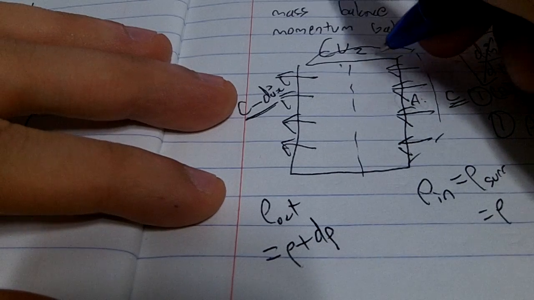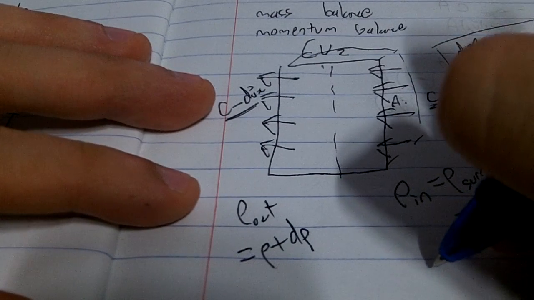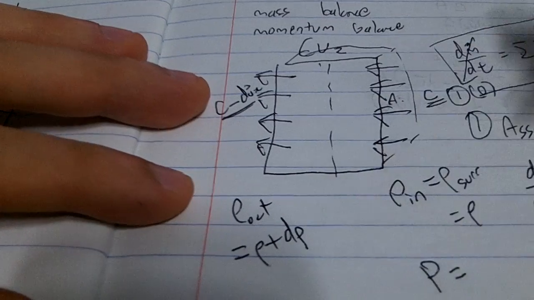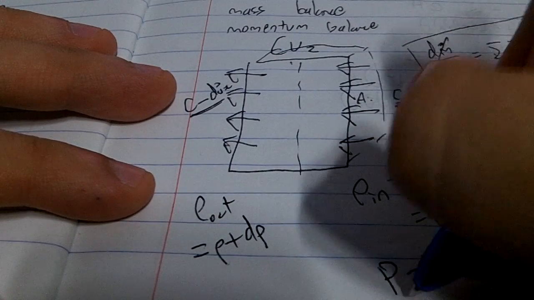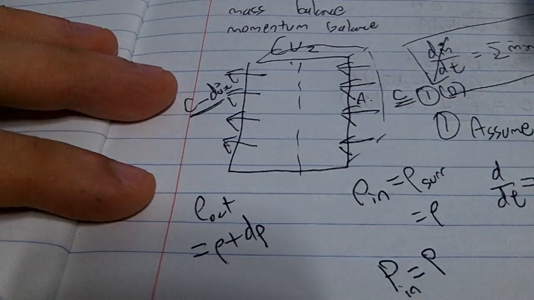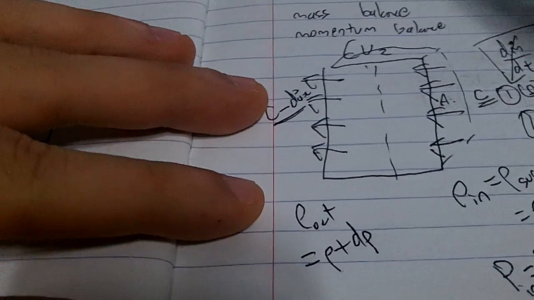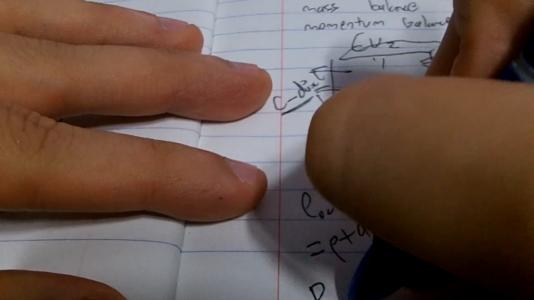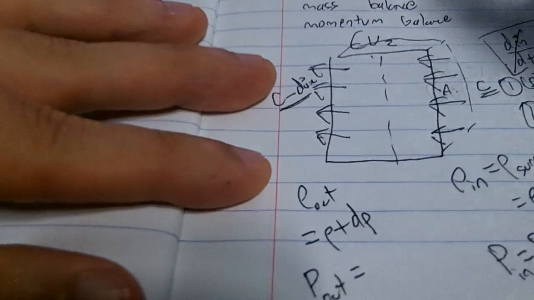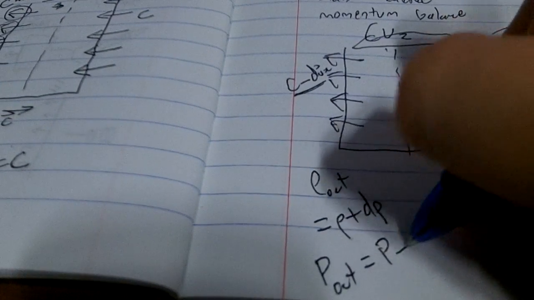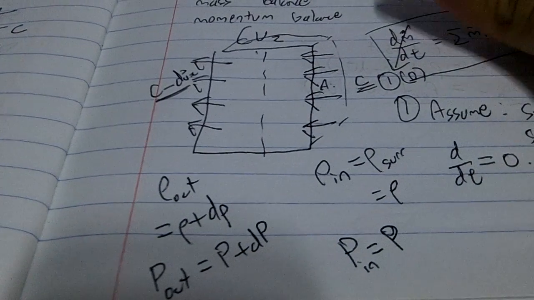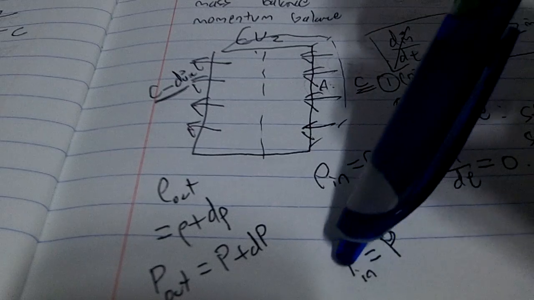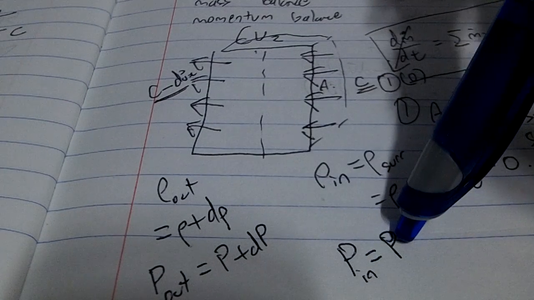And whatever you want to look at the pressure too, right? Whatever pressure that's coming in will be the pressure of the surrounding air or the surrounding fluid. We just call that P, and the P out will be P plus dP. Clear about this? P in is the pressure of the ambient surroundings.